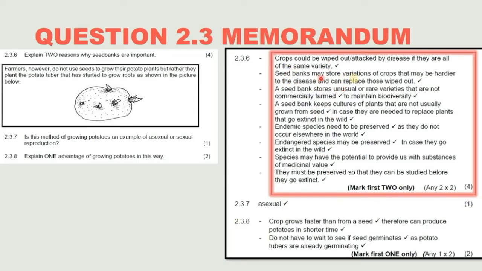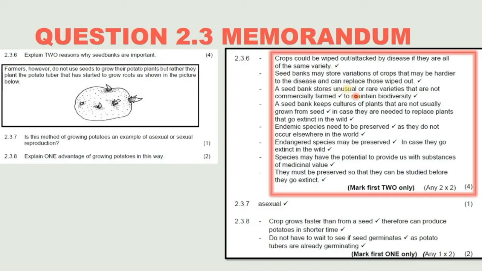So seed banks may store a variation of the crop, even though farmers don't use all the varieties, but some can be hardier or resistant against diseases. So we can replace them when it wipes out our crops.